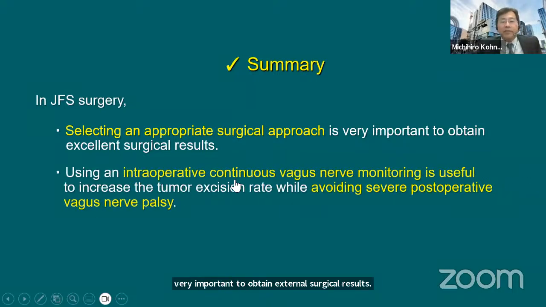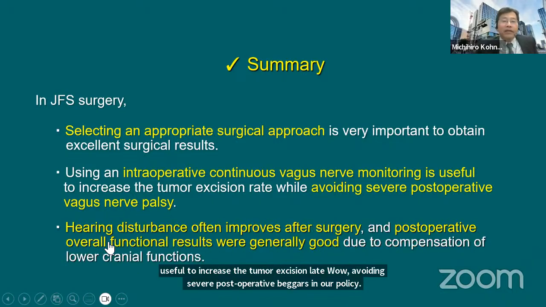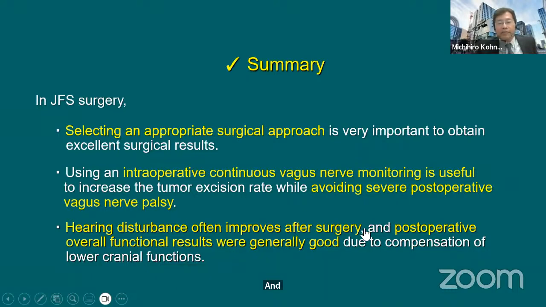Using intraoperative continuous vagus nerve monitoring is useful to increase the tumor excision rate while avoiding severe postoperative vagus nerve palsy. And hearing disturbance often improves after surgery, and the postoperative overall functional results were generally good, maybe due to the compensation of the lower cranial functions.